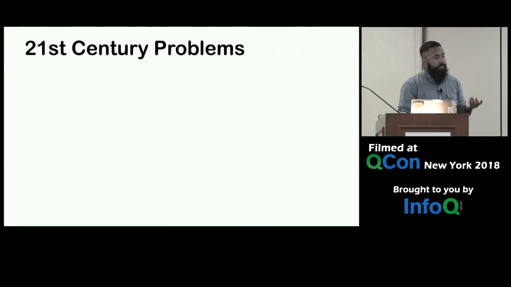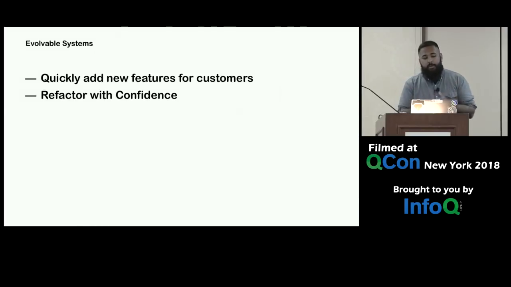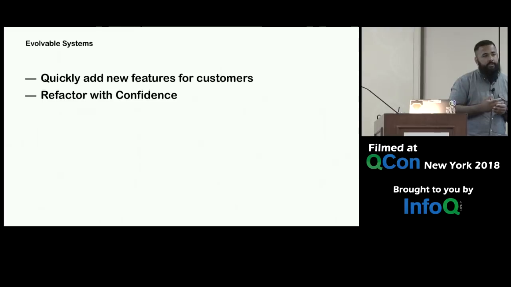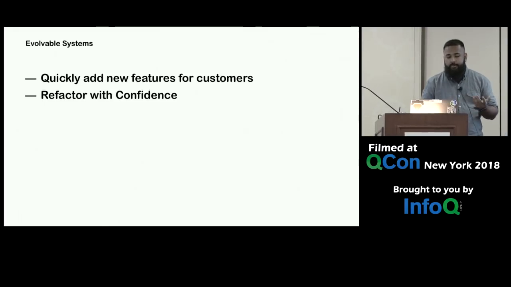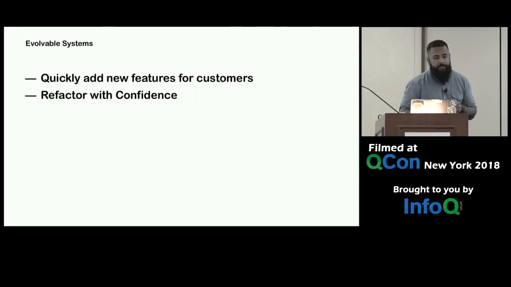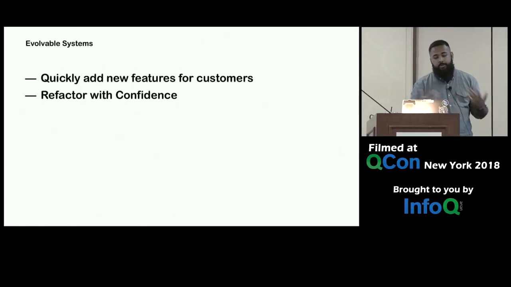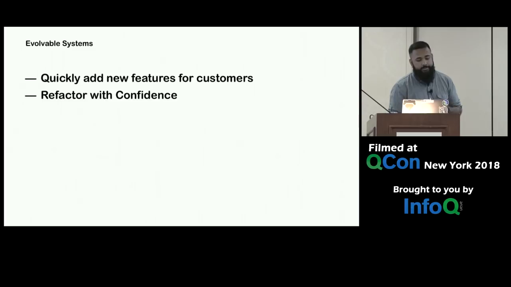So 21st century problems, what are these? We probably want some evolvable systems. So we want to quickly add features for our customers, for making money, because that's how we get paid. We want to refactor our apps, get rid of technical debt, but we want to do that with confidence.